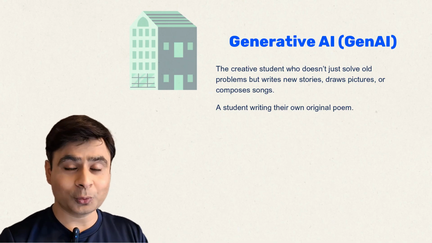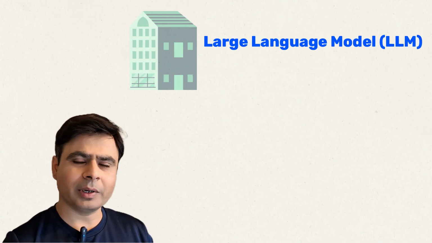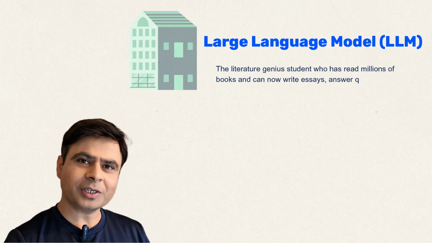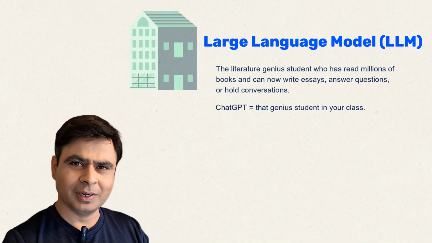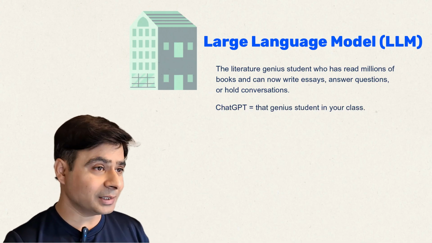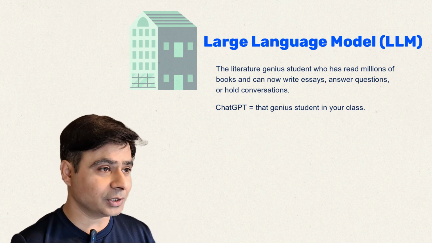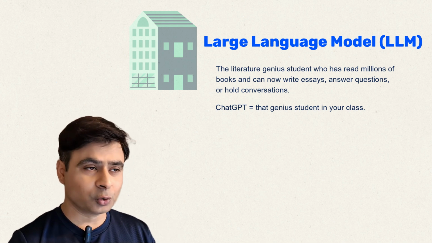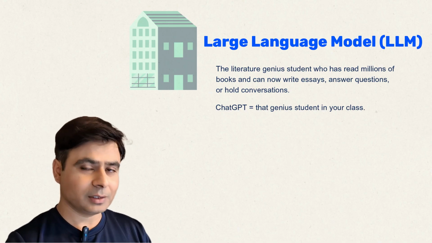So that kind of student can be categorized as generative AI. And when we talk about the large language model, think of the literature genius student that has read millions of books and can write his own essays, answer questions, and hold conversations. So that kind of student would be categorized as a large language model like ChatGPT.